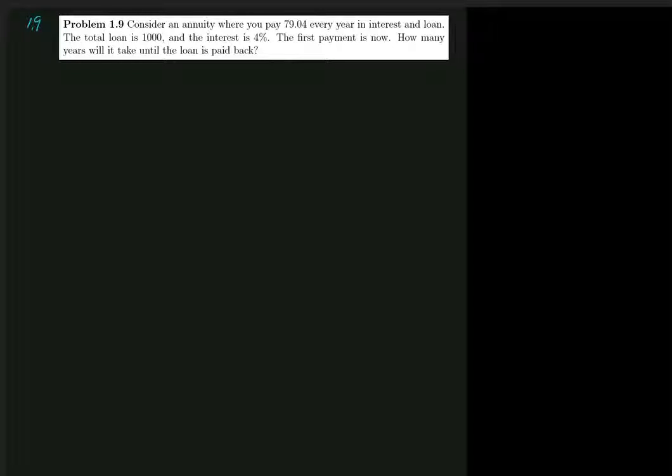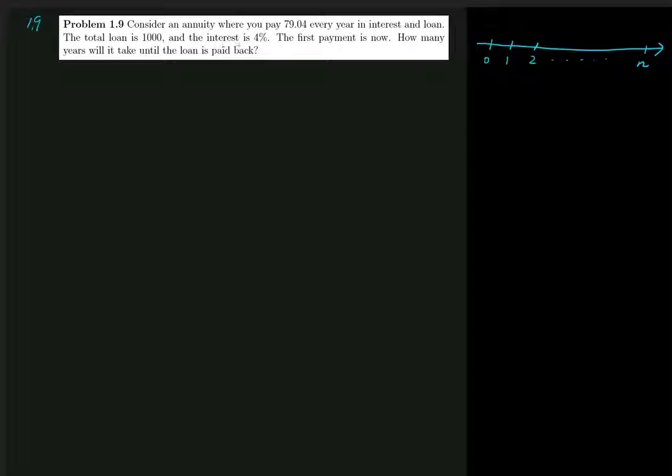So let's draw up the payment stream and also write down what the unknown thing is that we're looking for. It says consider an annuity where you pay 79.04 every year. So we consider a payment stream where every year we pay 79.04 and we do so until time n.